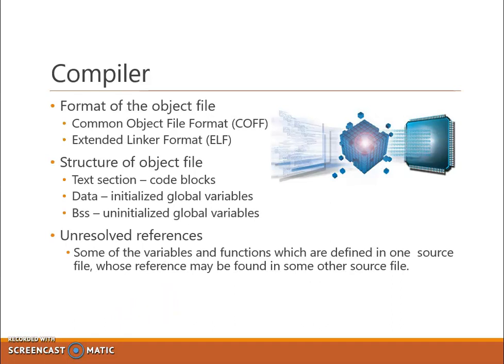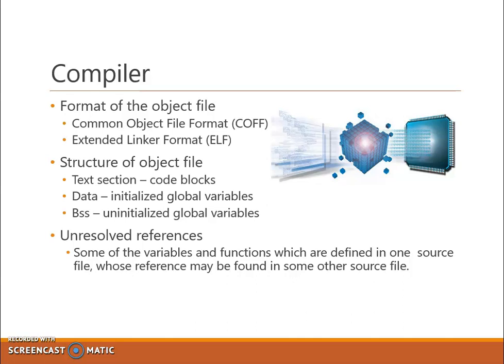All the object files resulting from the compiler should have a standard format. There are two standard formats available: one is the common object file format and the other is the extended linker format. What is the difference between these two? Extended linker format has more debugging capabilities than common object file format.